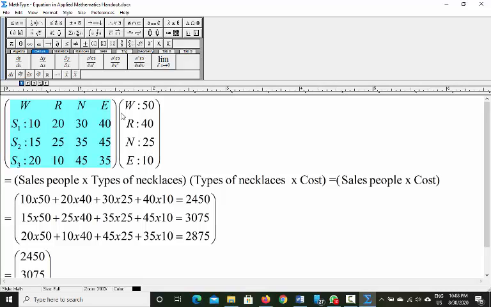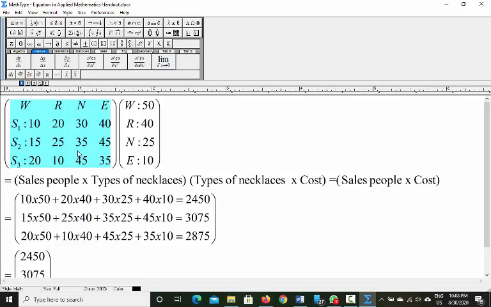So we will have 10 multiplied by 50 plus 20 multiplied by 40 plus 30 multiplied by 25 plus 40 multiplied by 10, which equals 2450. Similarly, now we will move to the second row. We will multiply second row with first column. So 15 multiplied by 50 plus 25 multiplied by 40 plus 35 multiplied by 25 plus 45 multiplied by 10. So equals to this one.